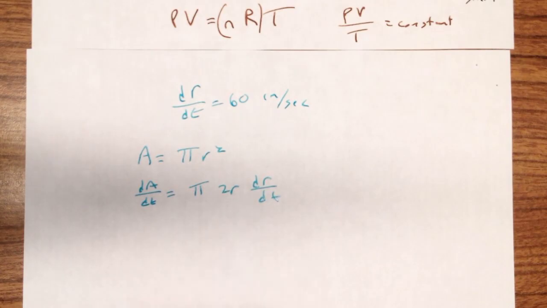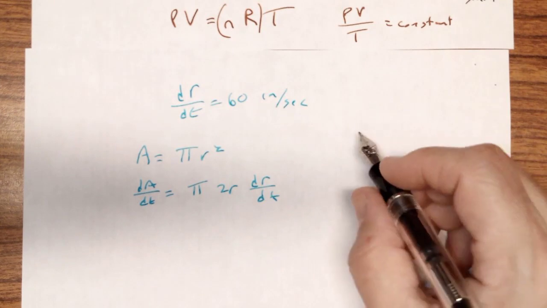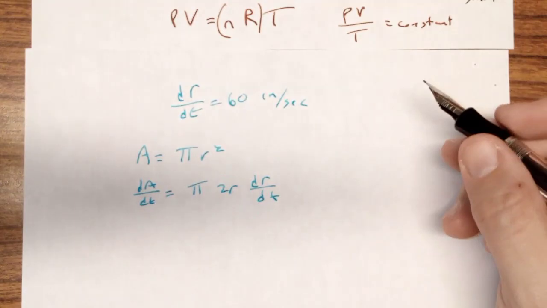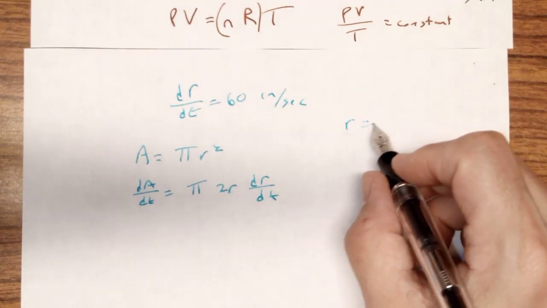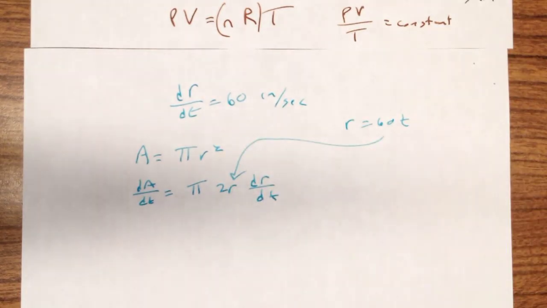And I don't actually need to figure out everything in terms of t, except I don't have the radius, do I? Oh, but I do know that it's 60 centimeters per second, so r is 60 times t. Slot that right in here. You get exactly the same result you got on the homework you turned in yesterday, and I would have given back to you today, but I'm instead going to get back to you tomorrow. Same process, different perspective.